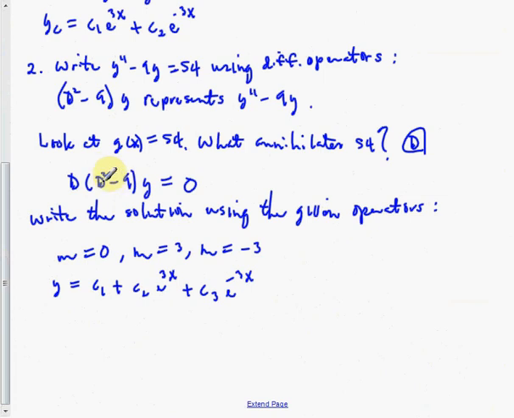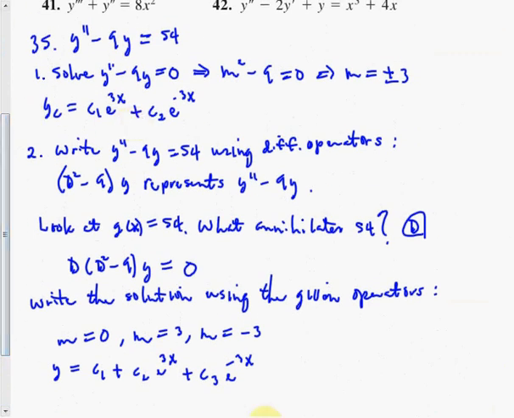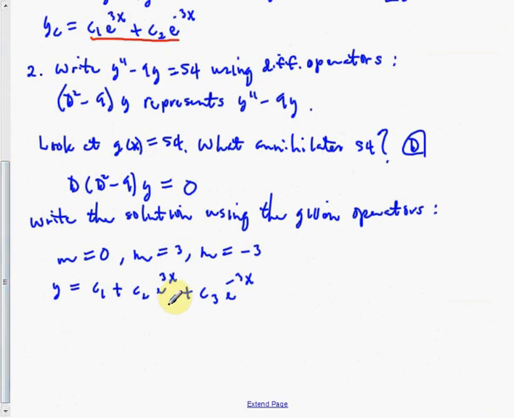Ideally it's like D equal to 0, but we've transferred this to the auxiliary equation, so m equal to 0, m equal to 3, m equal to negative 3. Now this is said to be the solution in the generic sense, because notice that for the complementary solution, we had e to the 3x, e to the negative 3x, which I get right there. So where is the c sub 1 coming from? It's coming from the solution for the non-homogeneous part, right? That 54. Yeah, right, so good.